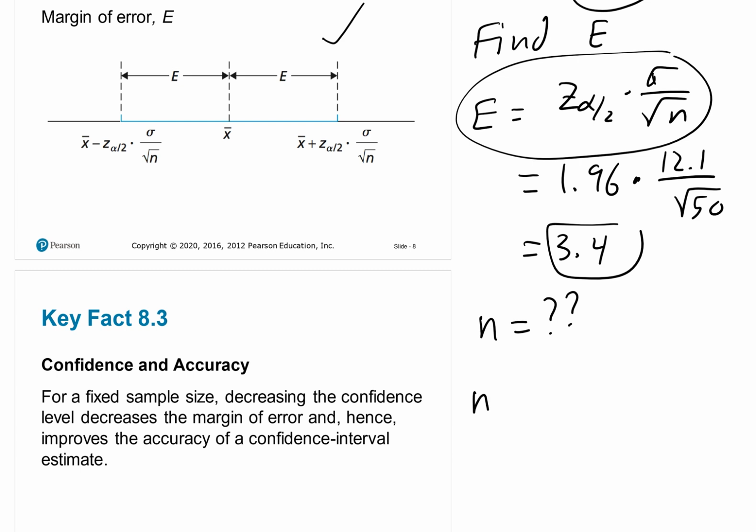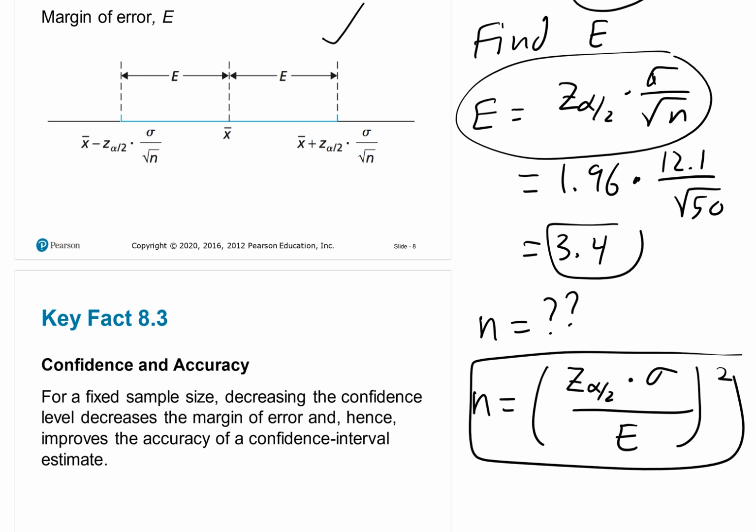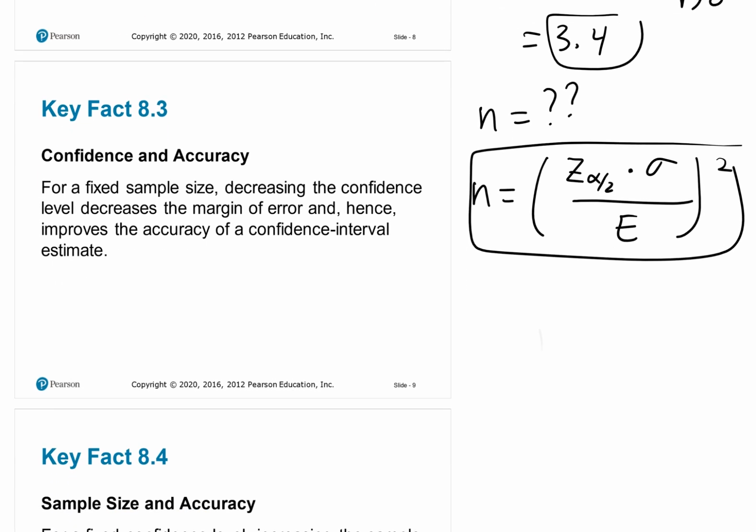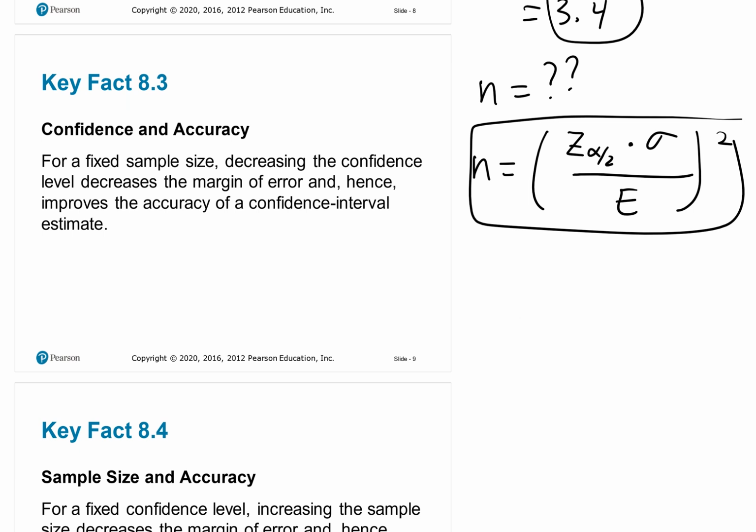You will get a formula for n, which is Z sub alpha over 2 times the standard deviation over the error, squared. This is the sample size formula. And always, when you get an answer, round to the nearest whole number. That's important to keep in mind.